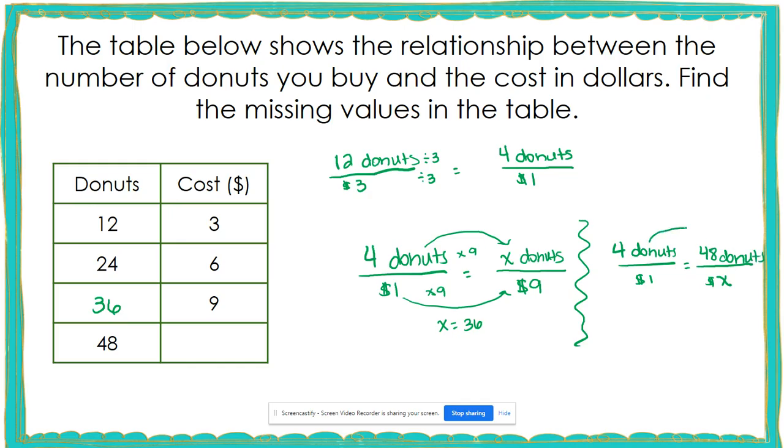Now, I'm going from 4 to 48. To get from 4 to 48, I would multiply by 12 because 4 times 12 gives me 48. So to get from 1 to x, I would also multiply by 12. And 1 times 12 gives me 12. So for this, I know that 48 donuts are going to cost $12.